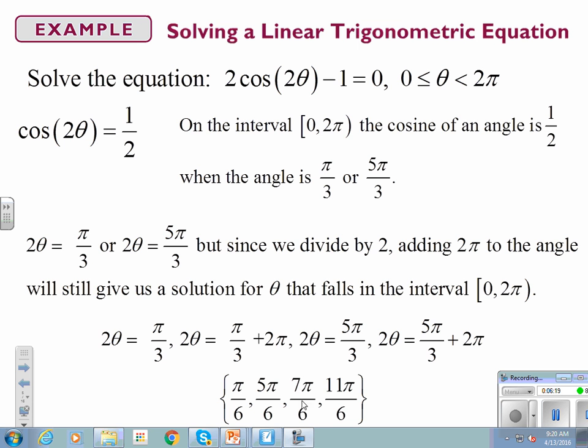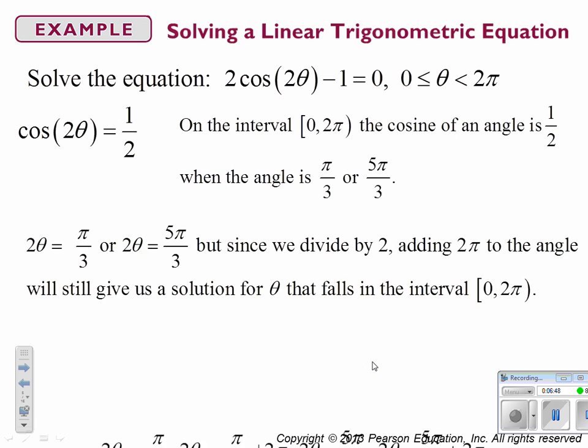Then we have 5 pi over 3 divided by 2, which gives us 5 pi over 6. 2 theta equals 5 pi over 3 plus 2 pi gives us 11 pi over 6.